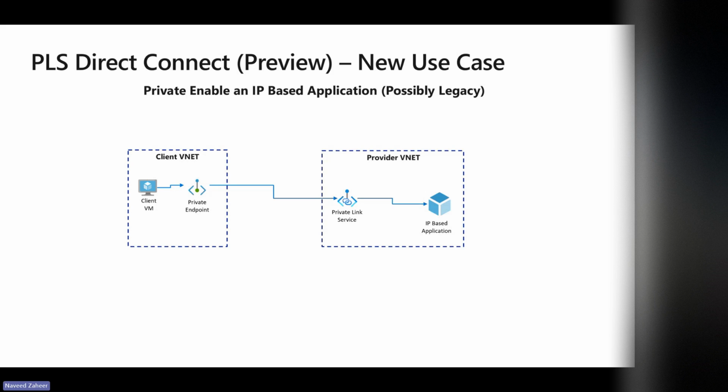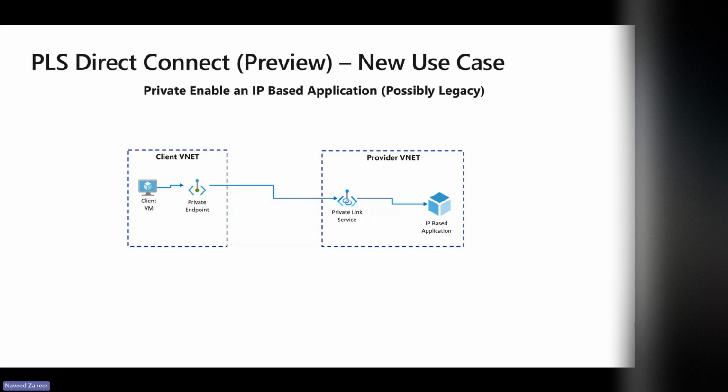Just create a private link service using PLS Direct Connect. No need for a load balancer or anything, and that's it. You can expose it, and then the clients can create private endpoints on top of it. So that's one use case that is now enabled.